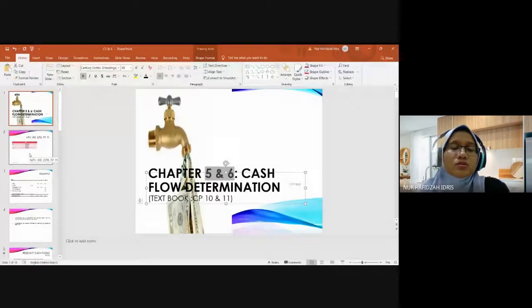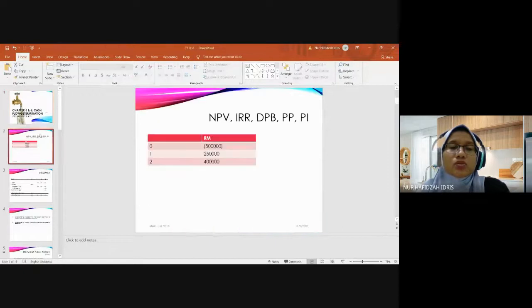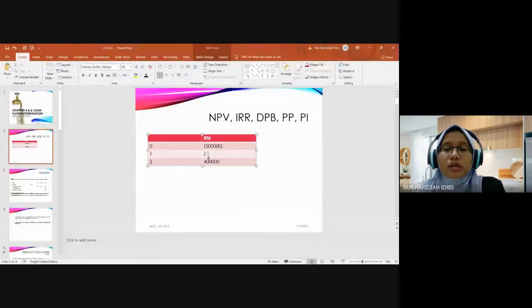So for the cash flow determination in this chapter, we are going to determine what will be the cash flow for this project. Year 1 cash flow, how much, year 2, how much. So this is what we are going to do for today.